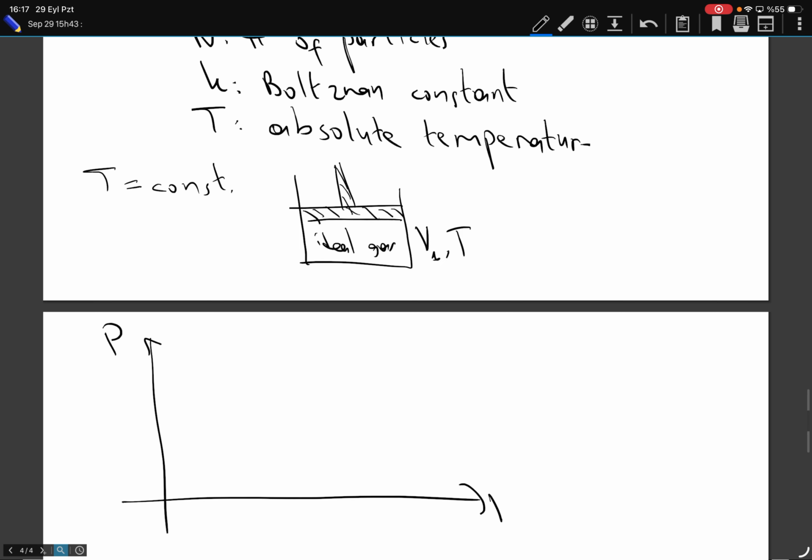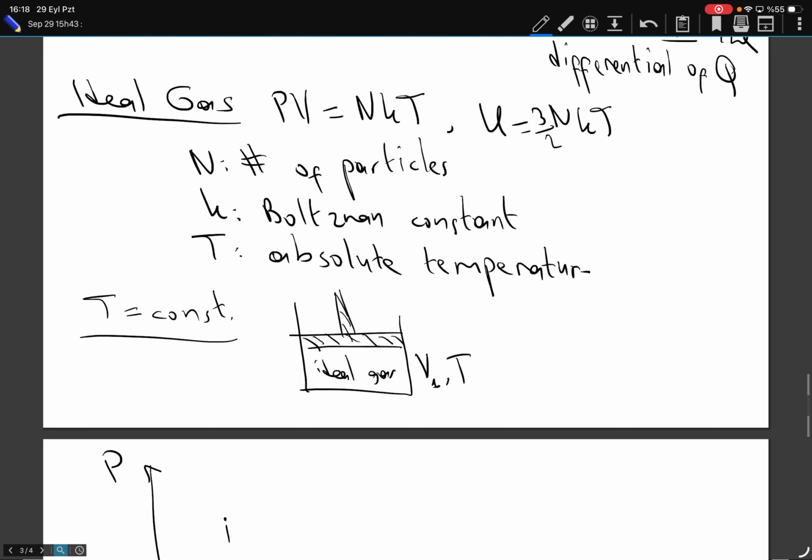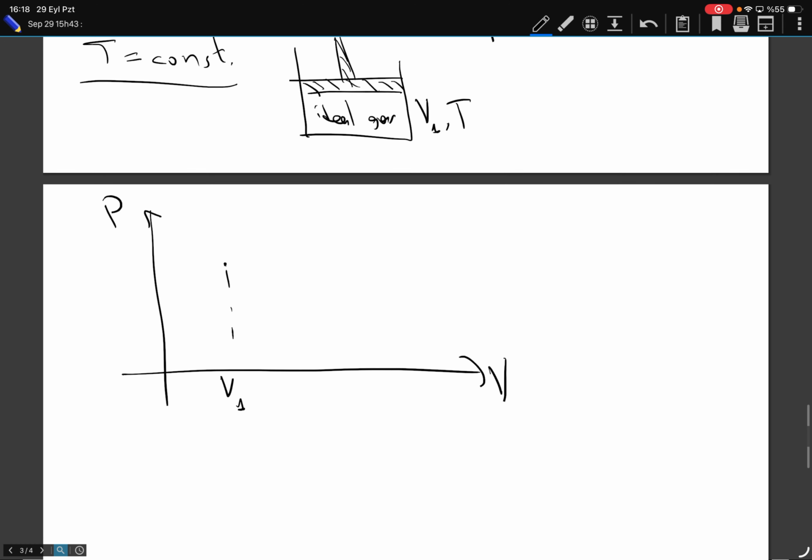This is the PV diagram. So initially it is at a volume V1. I let it expand at constant temperature. So that tells me that PV is constant for this process. If PV is constant as I change the volume, the pressure drops inversely. So this will be how the pressure changes as I change the volume. So let's say that eventually I reach the volume V2.